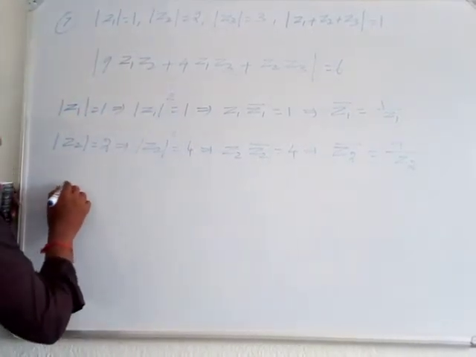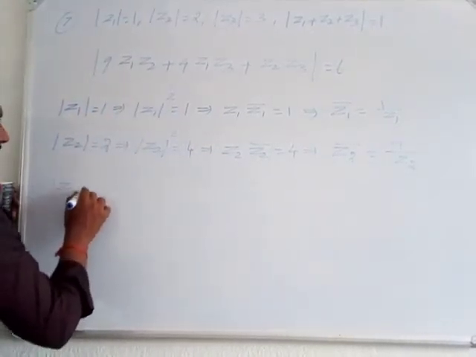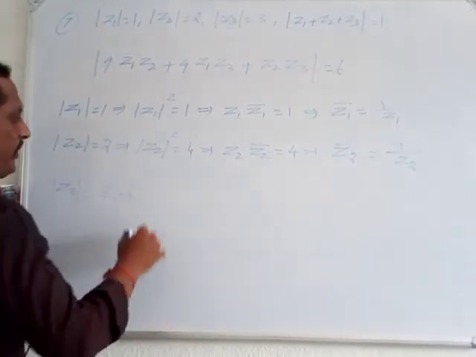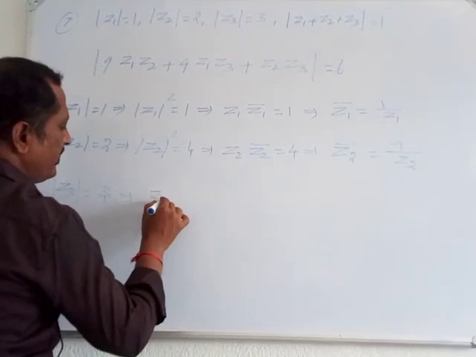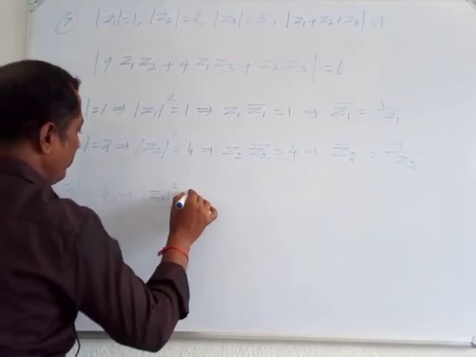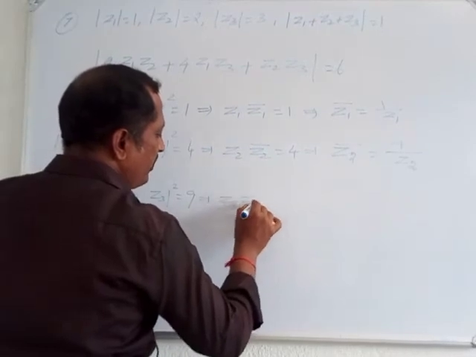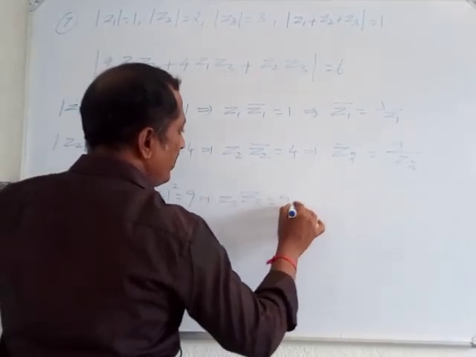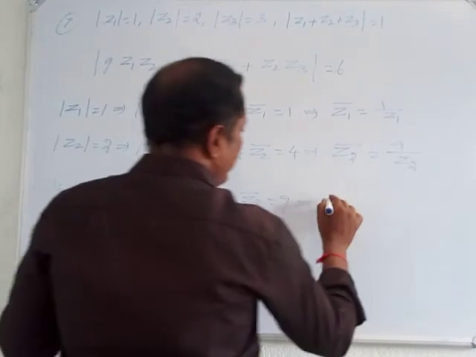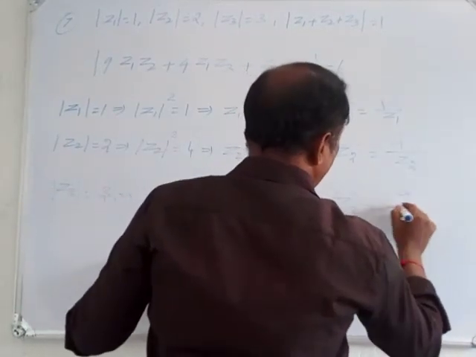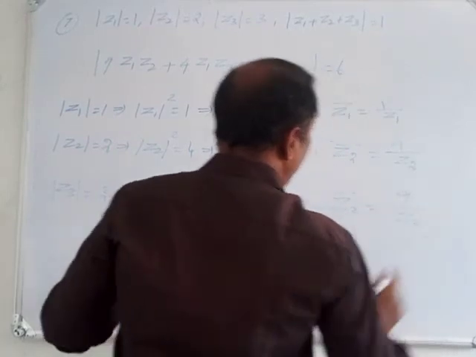Third concept, modulus of z3 is equal to 3. This implies modulus of z3 square is equal to 9. This implies z3 into z3 bar is equal to 9. This implies z3 bar is equal to 9 divided by z3.